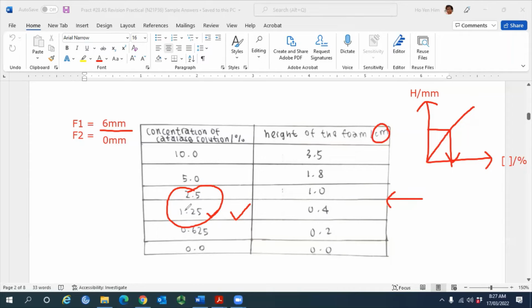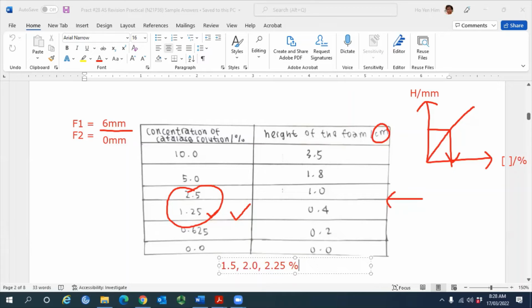That means from 1.25 to 2.5 percent, you may want to prepare more concentrations, right? For example, 1.5, okay, 2.0, okay, and then 2.25. So you may want to repeat the experiment again by using more concentrations within this range.